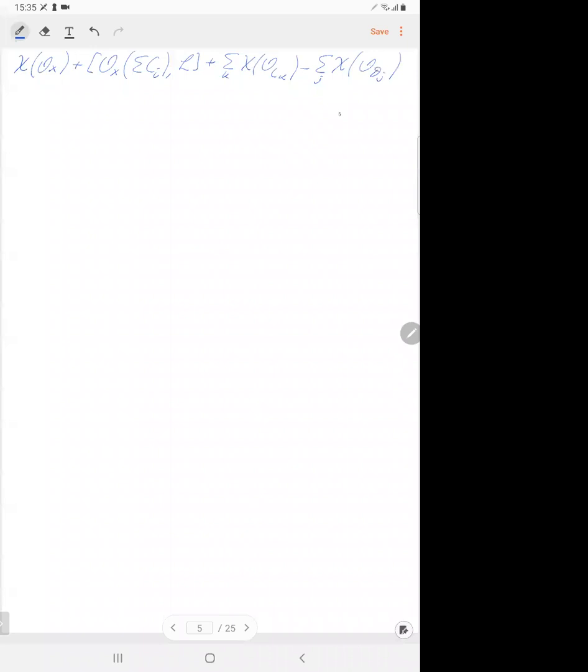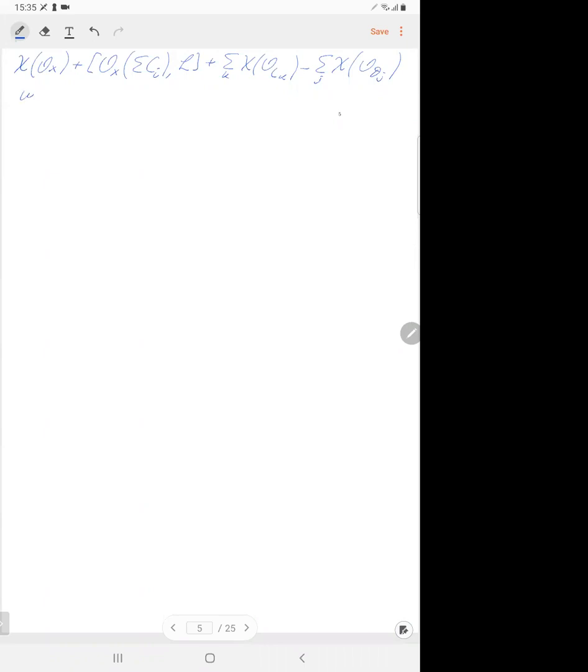Okay, and this was equal to the desired Euler characteristic of L, and maybe also let me copy here the statement of the theorem.